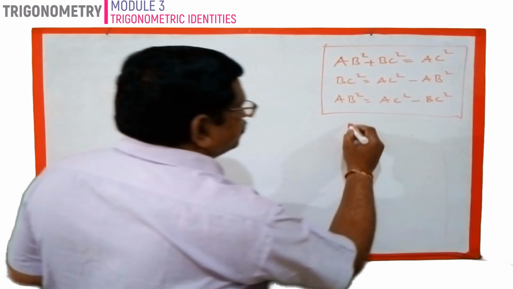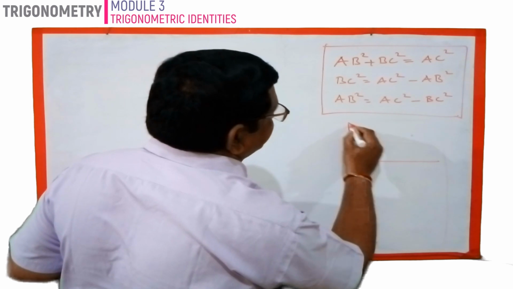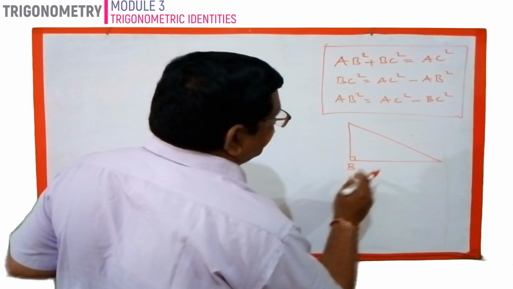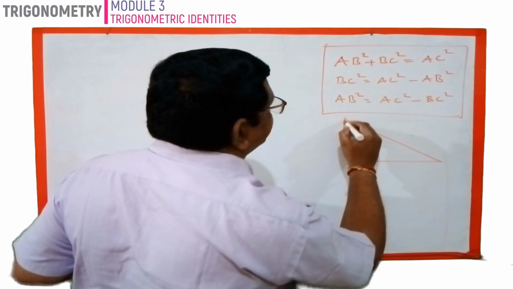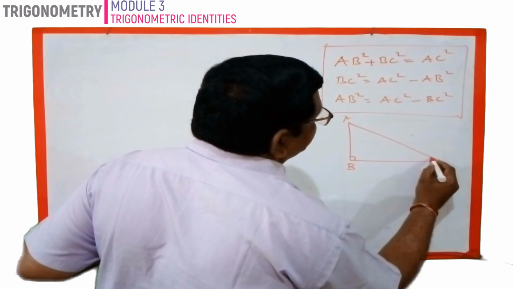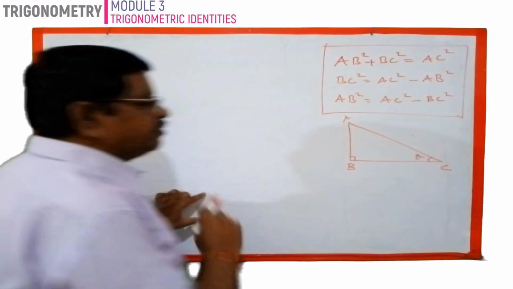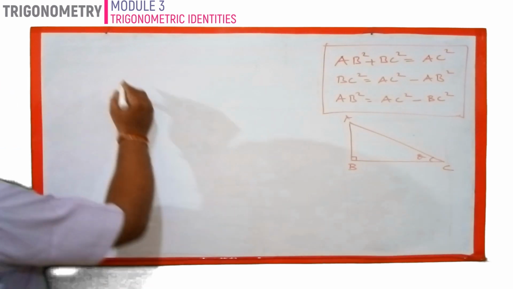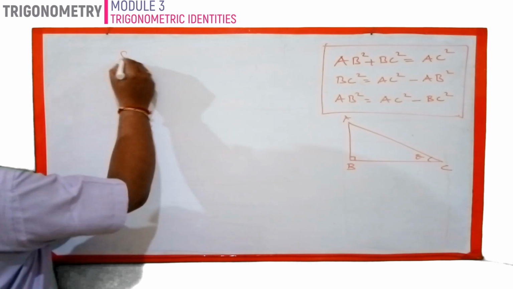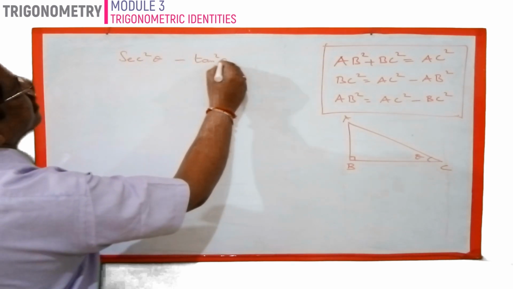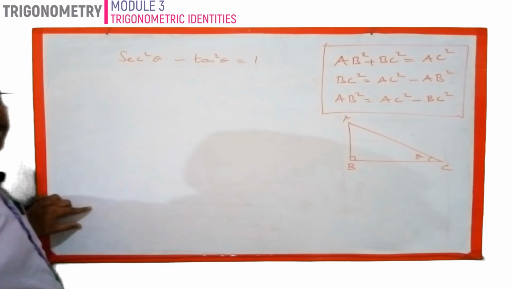Okay. So the right angle triangle ABC having right angle at the vertex B. The acute angle C is taken. This is theta. Now let us take the second identity, that is secant square theta minus tan square theta is equal to 1.